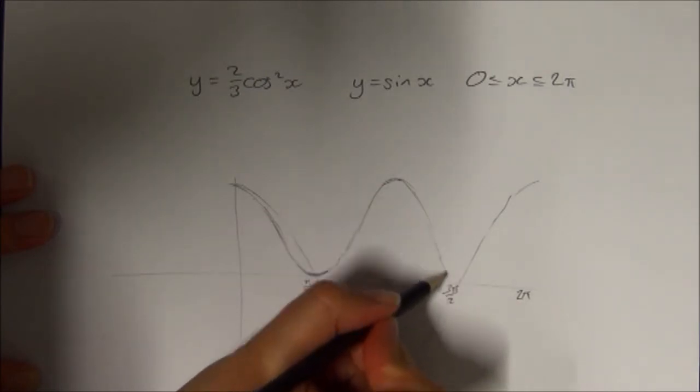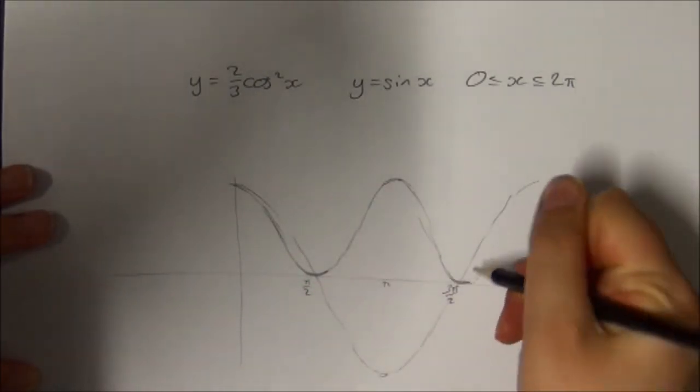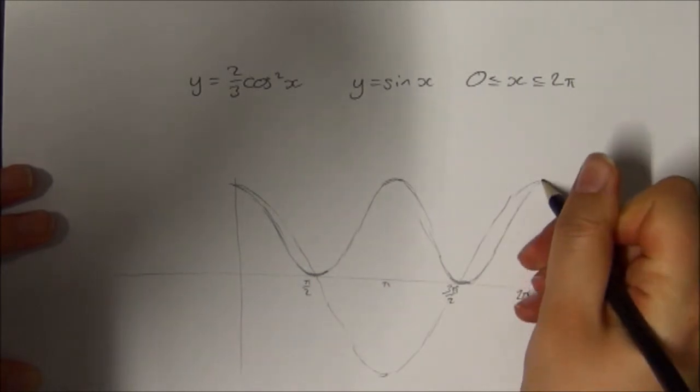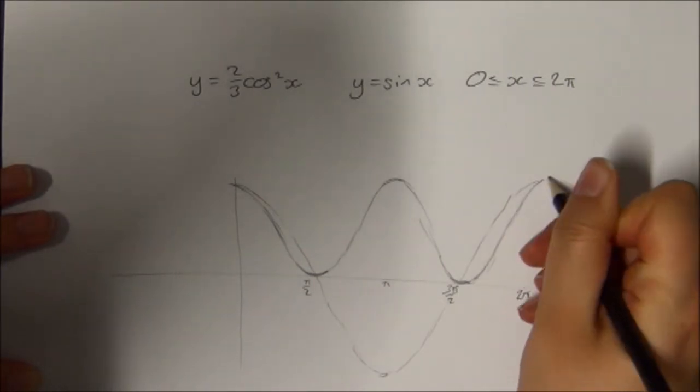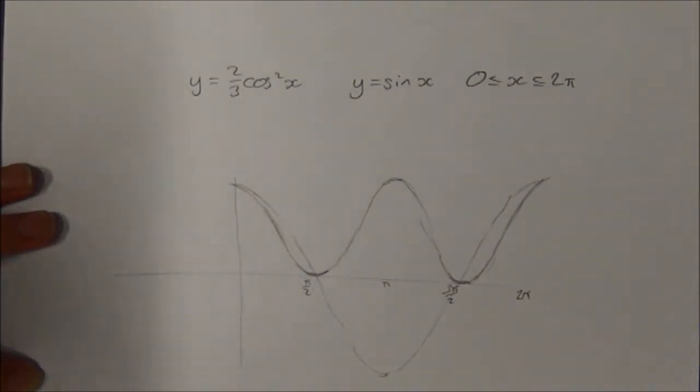And then same again, 3 pi by 2, I've got another turning point. So it's going to look more like that. Okay. Now that would be if it was cos squared x.